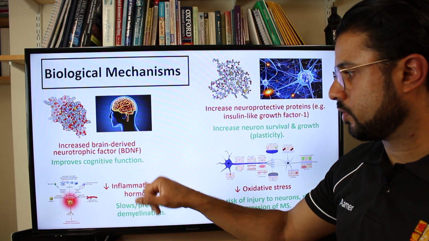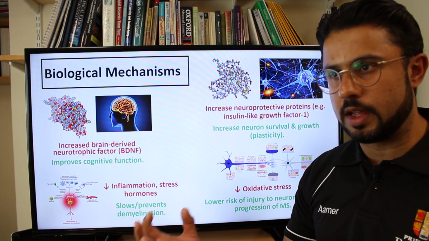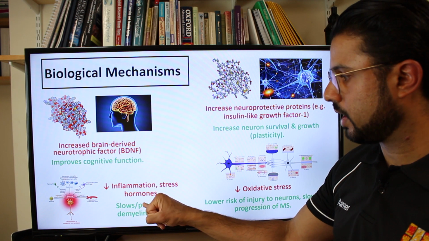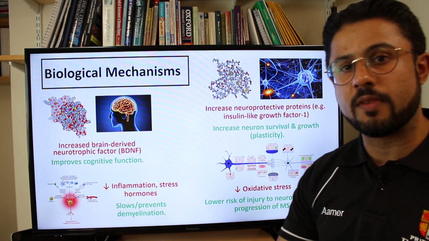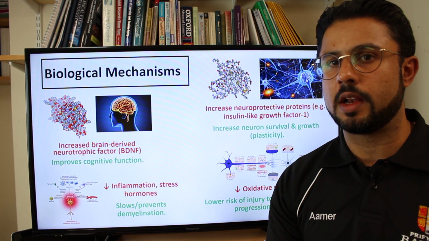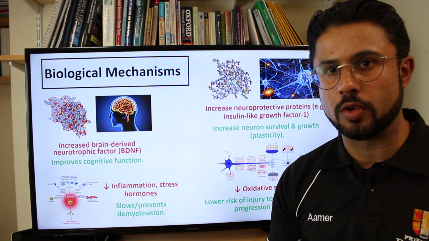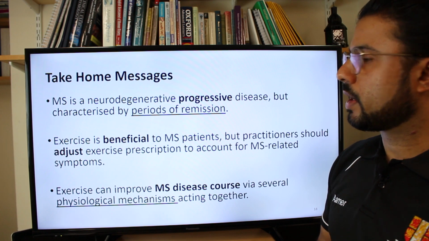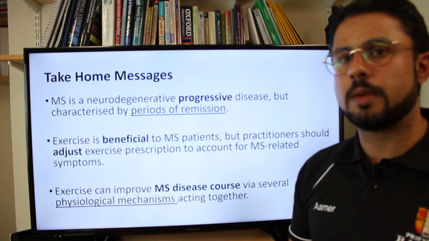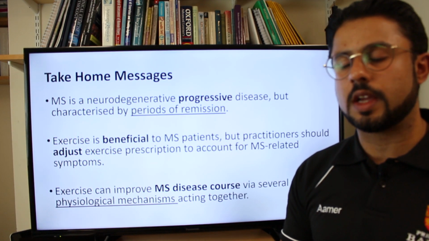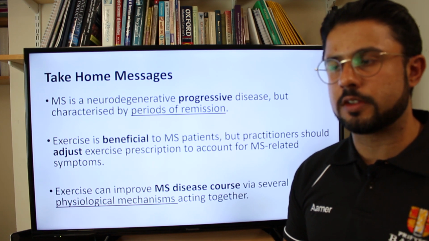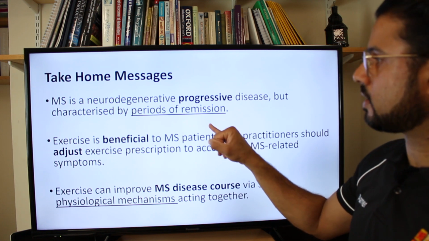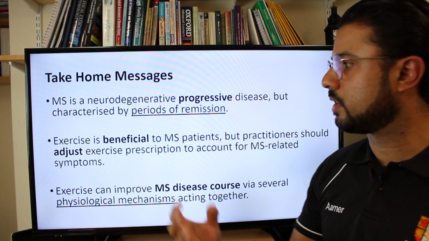Related to that, there is also a reduction in inflammation, and remember, MS actually starts with this inflammatory insult to the neuron. So a reduction in inflammation and stress hormones prevents or slows this demyelination and the loss of the neurons, the atrophy of the white and the grey matter. So in today's presentation, we've covered the importance of exercise programming in patients with MS by relating it to the underlying pathophysiology of MS. We know that it's a progressive disease, but it does have periods of remission.